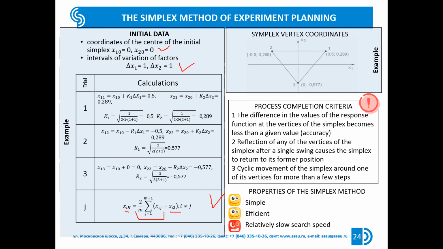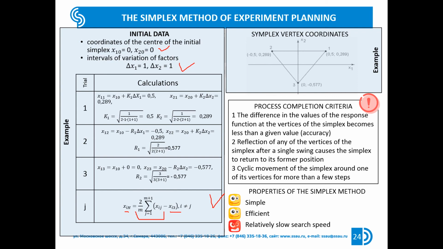In this case, by additional trials away from the simplex, one should make sure that there are no other areas with more significant curvature of the surface y equals f of x1, x2 to xn, and take the magnitude with the extreme value of the response function as the point of optimum.